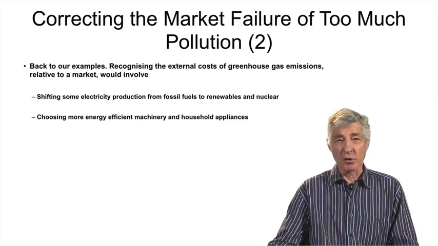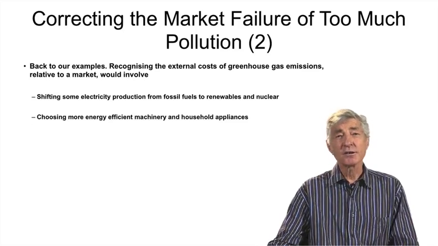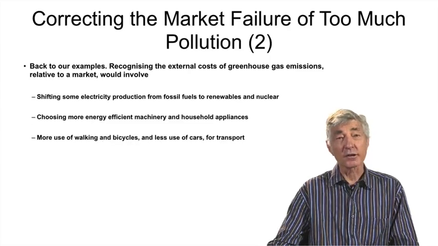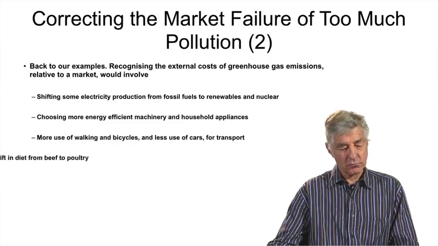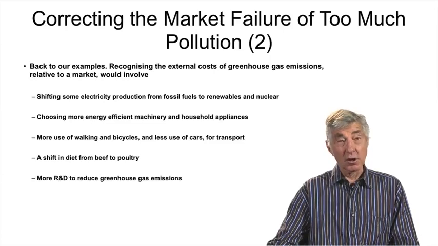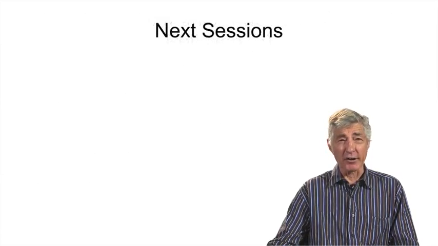So when you buy a new washing machine or dishwasher, you choose the option that involves about half the amount of electricity of the existing one. We'd have to do some more walking and transport. And we might have to shift our diet away, more poultry, less beef. And lots more money spent on R&D.